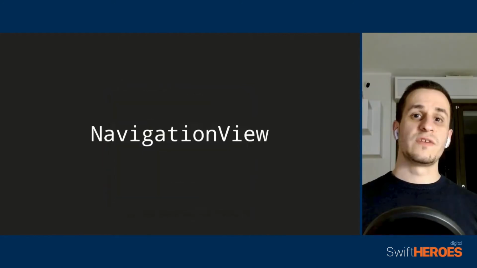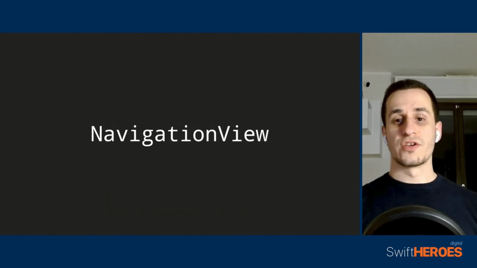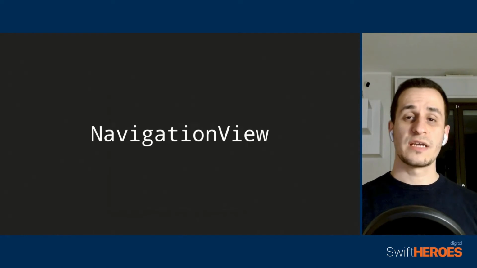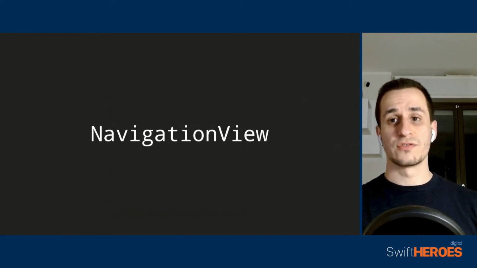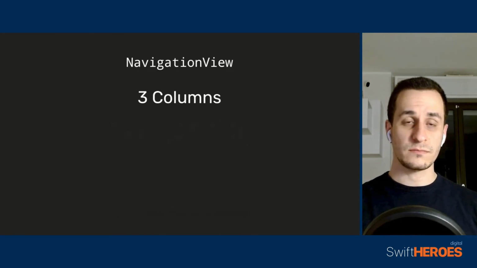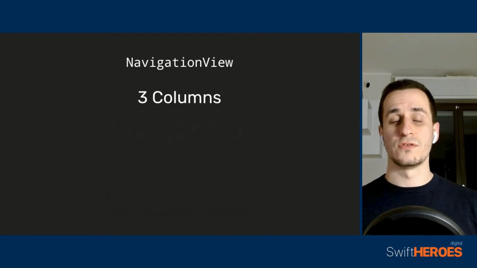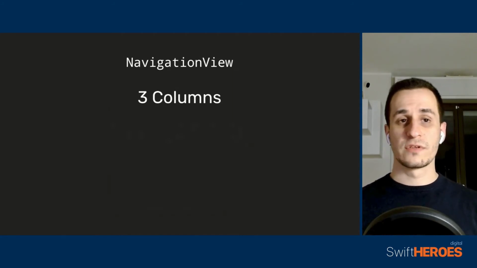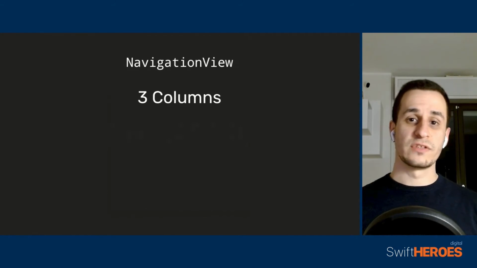Another problem that we faced was the documentation in general, or lack thereof. Specifically, when it came to navigation view, the navigation view has an undocumented feature that allowed us to create our 3 columns. Usually, the navigation view is used with 2 elements inside of them, one for the list and one for the detail.